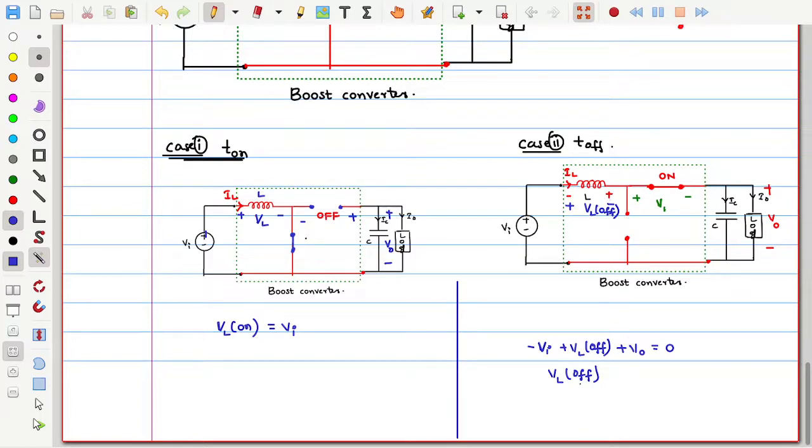That kind of convention I am adopting. So VL is equal to Vi minus V0, which is usually equal to negative of V0 minus Vi. You can write it in either way.